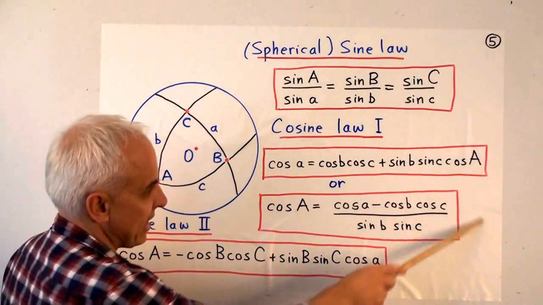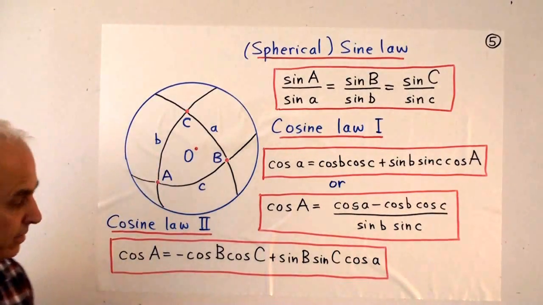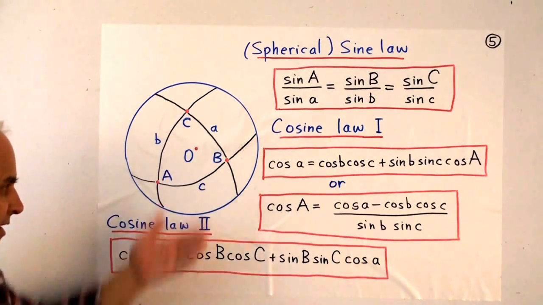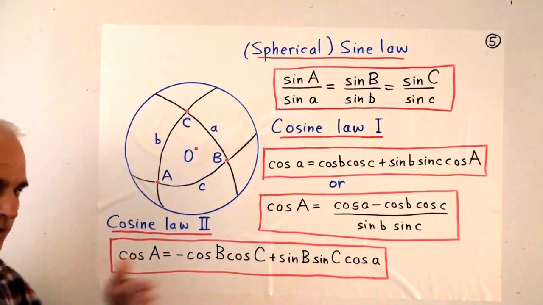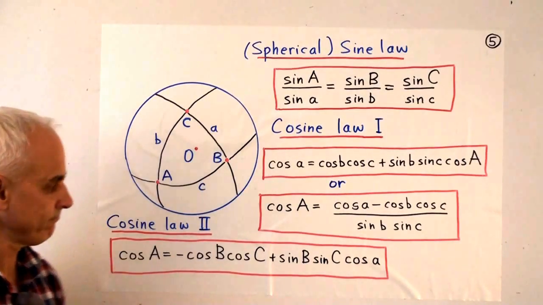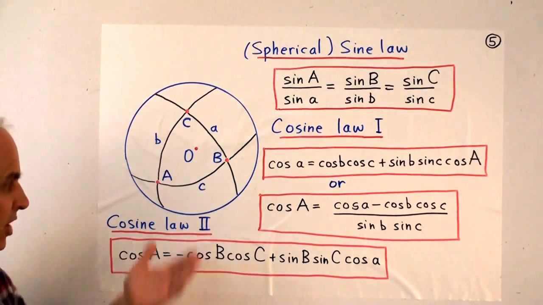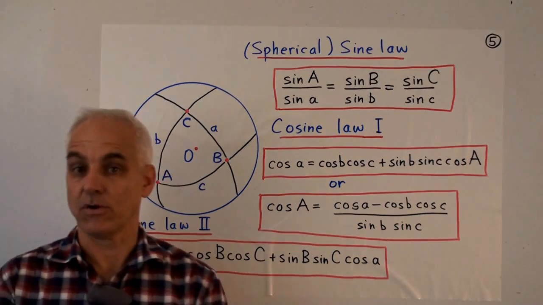It's almost the same as the first cosine law, except for this minus sign. And of course the fact that the capitals and the small letters have been interchanged. So there are two cosine laws in spherical geometry.